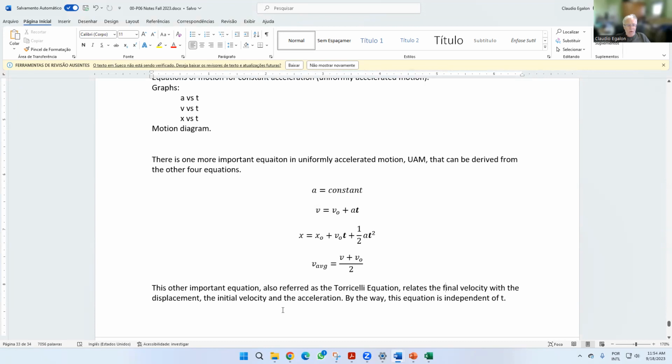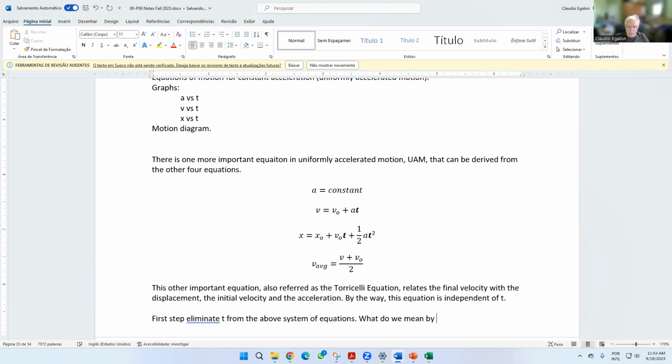Okay? So first step, eliminate t from the above system of equations. And what do we mean by eliminating t?